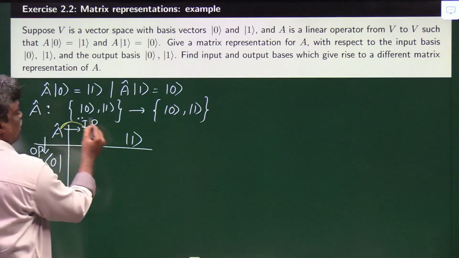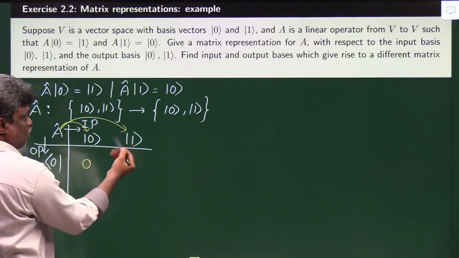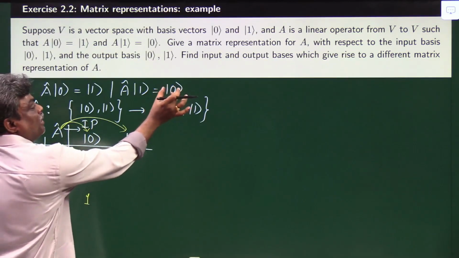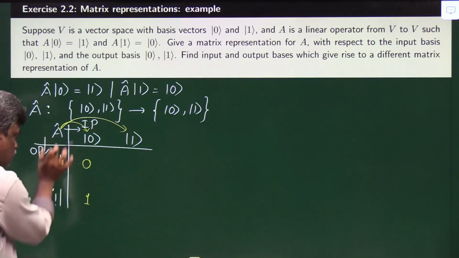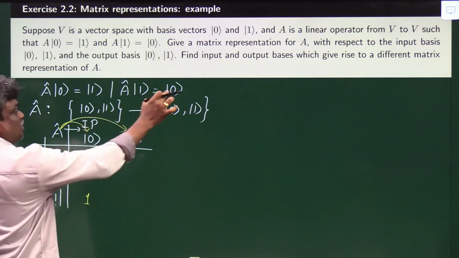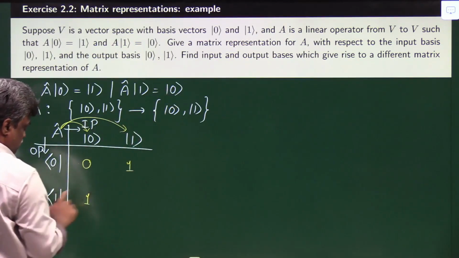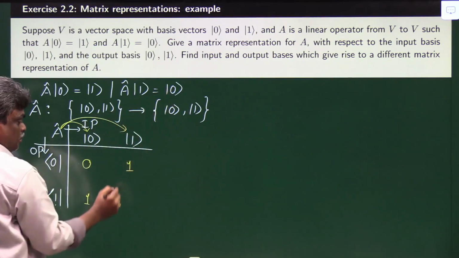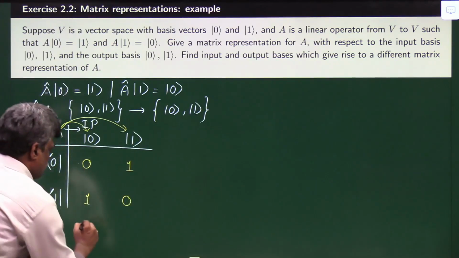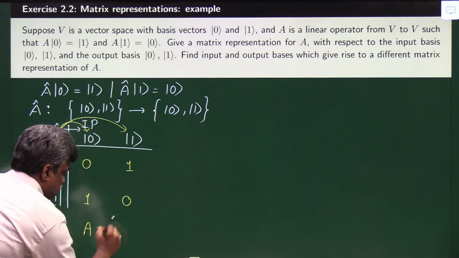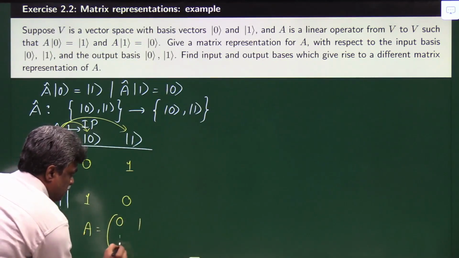Similarly, if A operates on 1, we get 0. Whatever you got, just take it and make the inner product with the output basis: 0 into 0 is 1, and here it is 1 and it is a 0, it's different, that's why it is a 0. So finally we got this matrix representation: 0, 1, 1, 0.